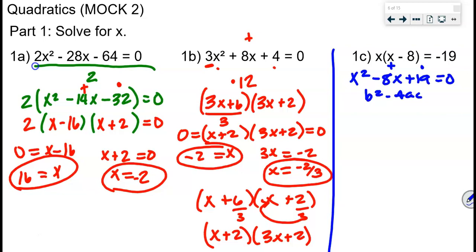And remember, this is a, this is b, and this is c, right? Y'all remember that? So we're going to do negative 8 squared minus 4 times 1 times 19. So this is going to be 64 minus 76, so that's going to be equal to negative 12.